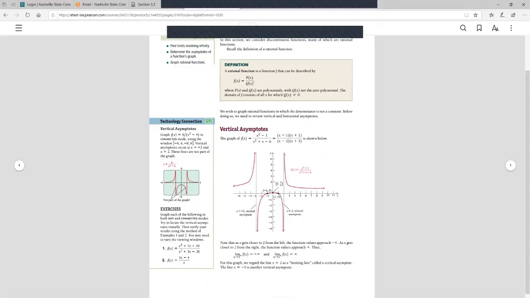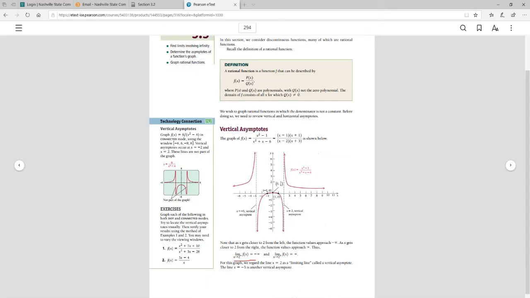we can see that the limit as x approaches 2 from the left is negative infinity, because if you are approaching 2 from the left, that means you are coming in from the left side of 2, moving in this direction. Notice that the closer you get to 2 from the left, the more the graph approaches negative infinity.